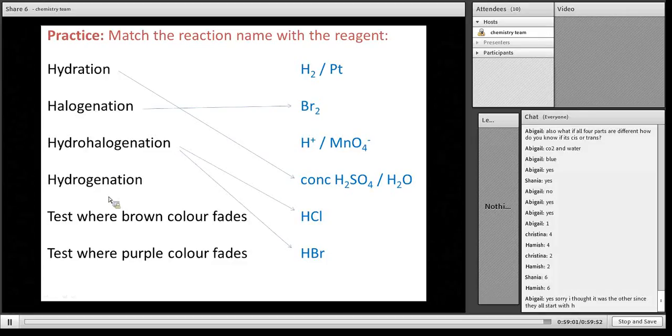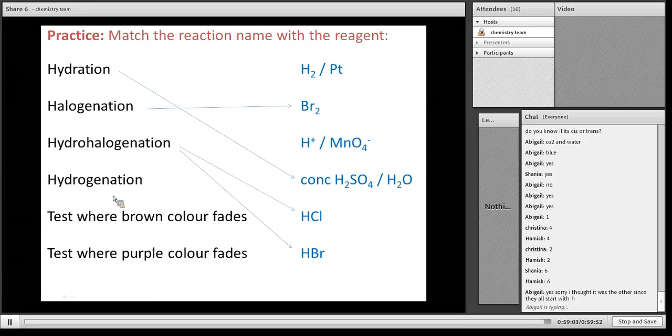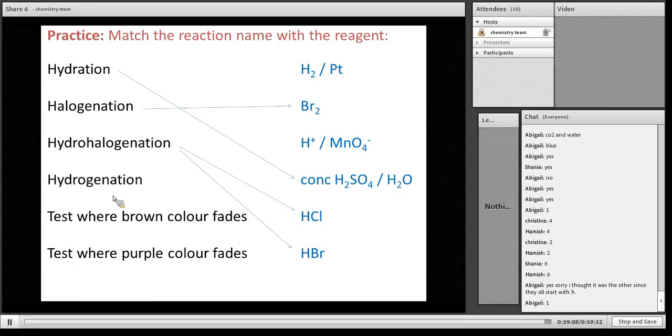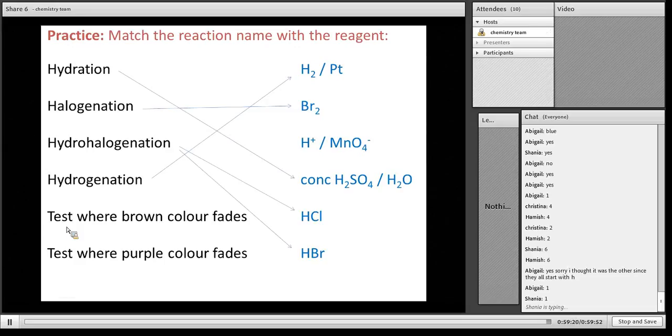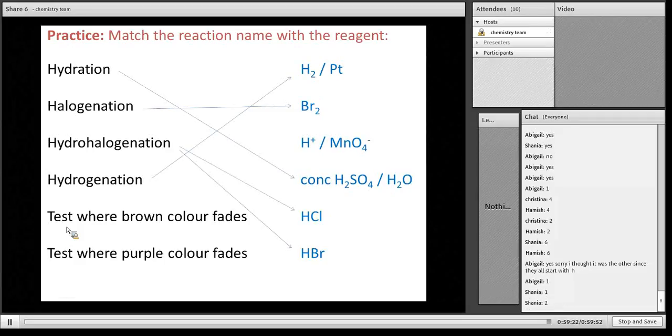Hydrogenation. If I wanted to have an alkene there, it's number 1. So hydrogen you're adding. Which reagent do I need if I'm doing the test where the brown color fades? Okay, number 2. And the last one is the permanganate.